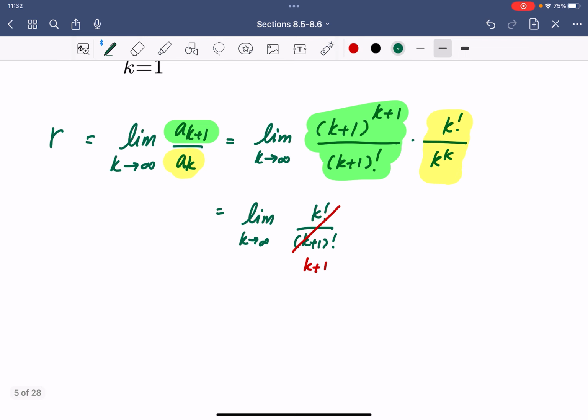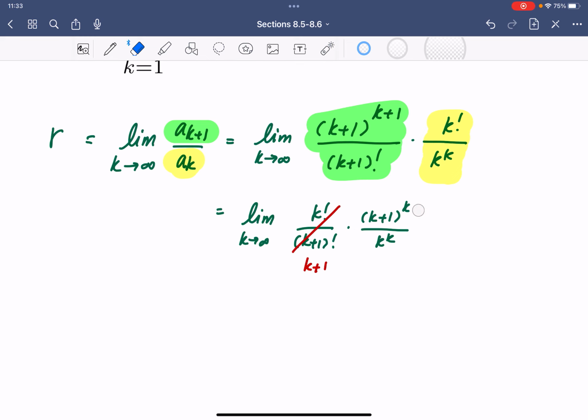But the hard part is, what is k plus 1 to the k plus 1 over k to the k? One thing that you can do is, why don't we just pull out k plus 1 first? Because here we have k plus 1 to the k plus 1. It means k plus 1 to the k times k plus 1, right?